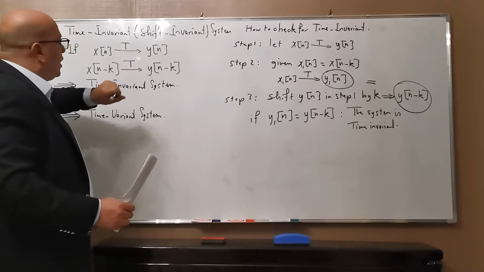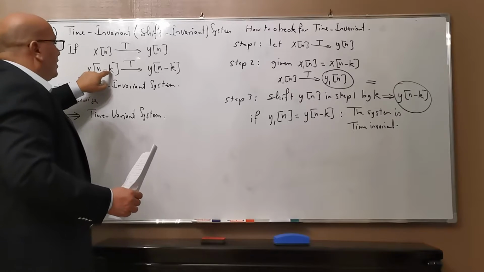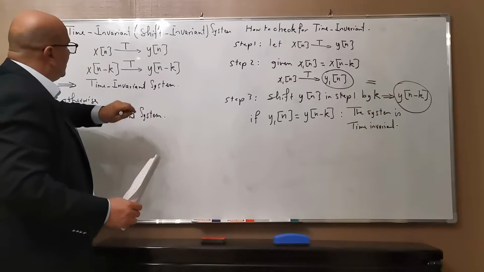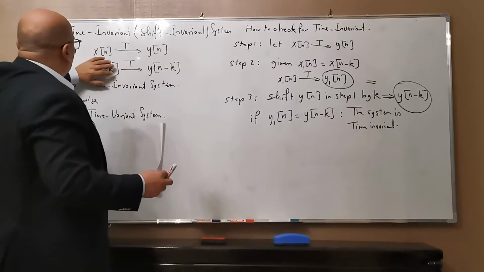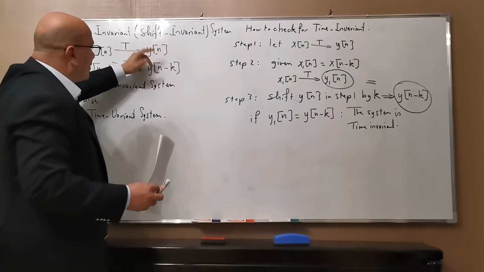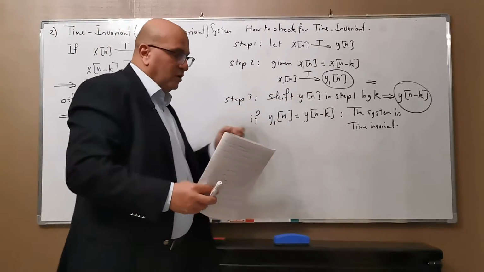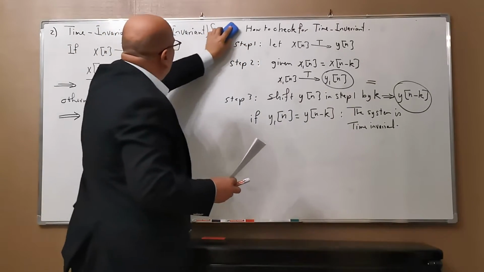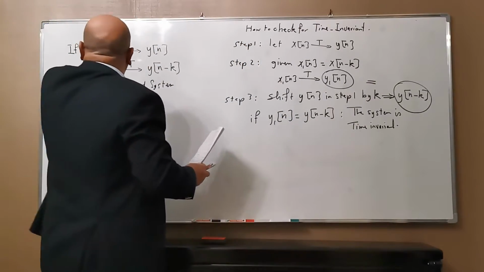Apply x, get y. If you apply x of n minus k as an input, you have to get y of n minus k. So we took y of n and shifted it. If both are equal, then this is what we have here. Okay, let me take an example and show you how this works.